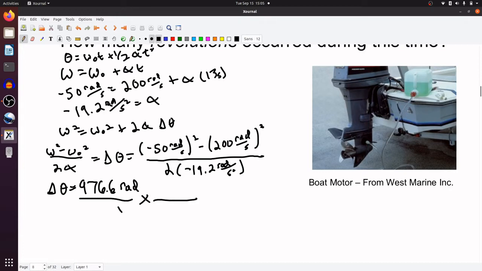Revolutions is pretty much the same thing as we did last time. There are 2 pi radians for every revolution. Revolution and rotation are essentially the same thing. So I'm going to take that number and divide that by 2 pi, and that gives me 155, roughly.